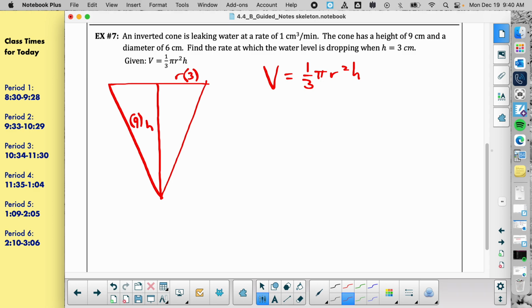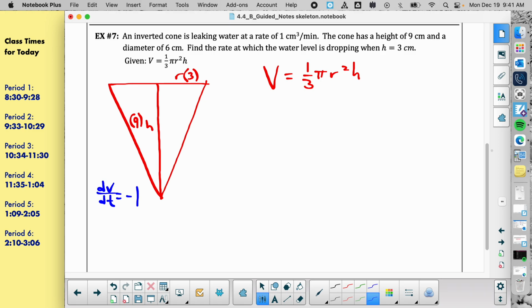So if I write out what information I have, it says the cone is leaking water at a rate of 1 cubic centimeter per minute. So dV/dt is -1. The cone having a height of 9 and diameter of 6 aren't really supposed to be used directly in the problem. The 9 and the 6 are just telling us how big the shape is, which helps us solve other things.